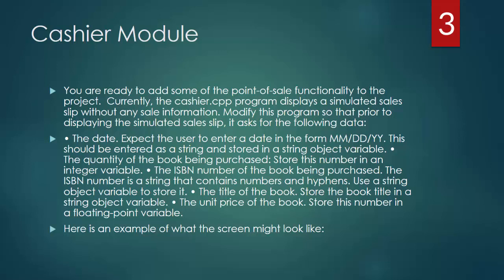They say it should be entered as a string and stored in a string object variable. Then there will be the quantity of the book being purchased, which will be an integer. The ISBN number of the book being purchased is going to be a string because it contains hyphens, not just numbers. The title of the book, which obviously will be a string, and the unit price of the book, which is going to be a floating point variable.